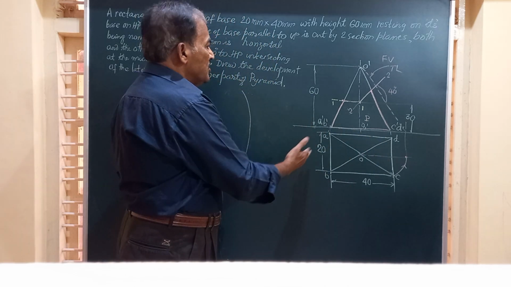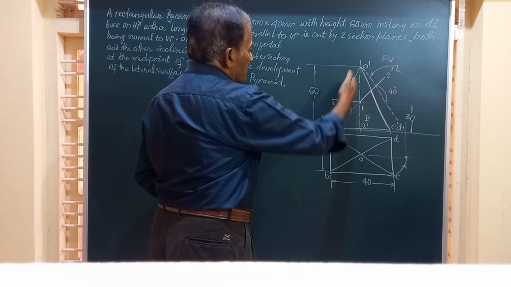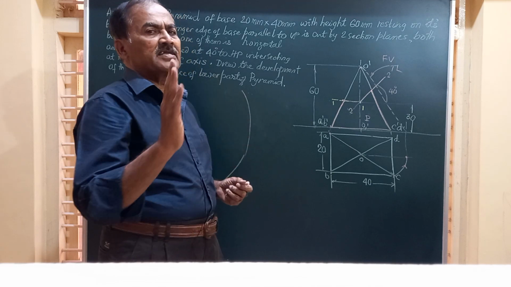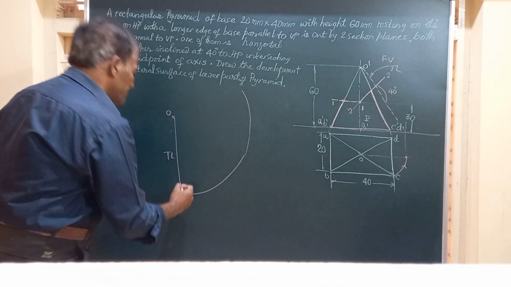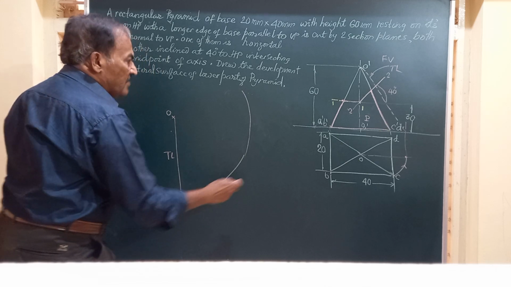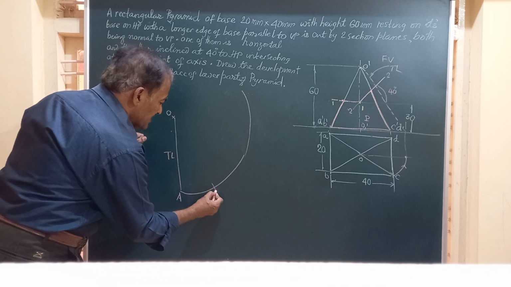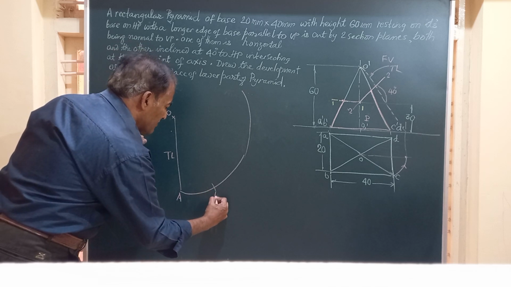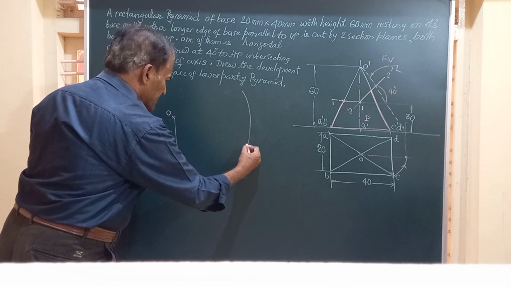Now after obtaining the arc, friends, let us mark the base edges AB, BC, CD and DA. You know, here the complete base of the solid is intact and you have the provision to commence the development from any one of these slant edges. Say I am going to commence from point A. After A, you should get point B at a distance of 20. Say this is 20 mm, mark B. After B, you should get C, which is at a distance of 40.